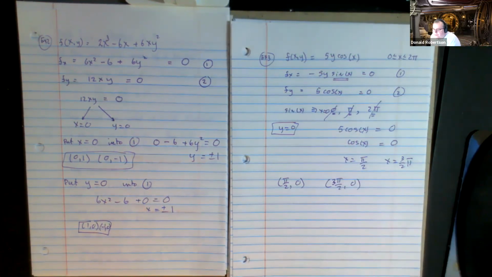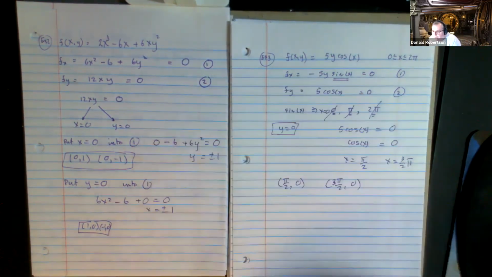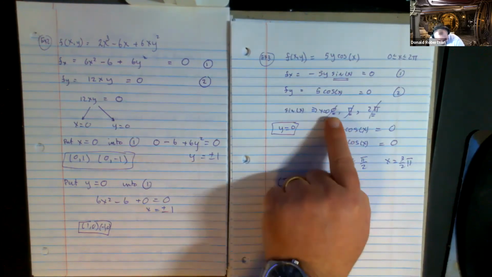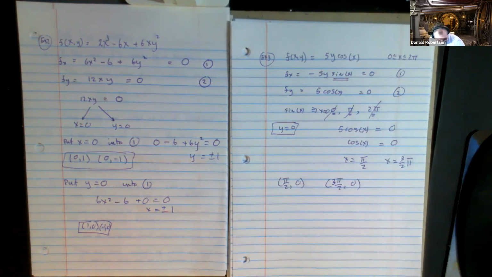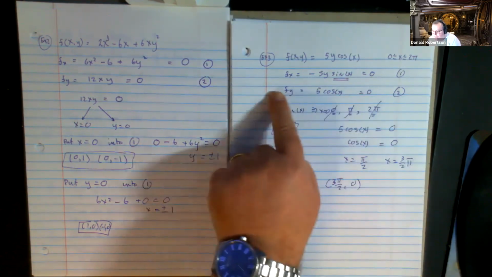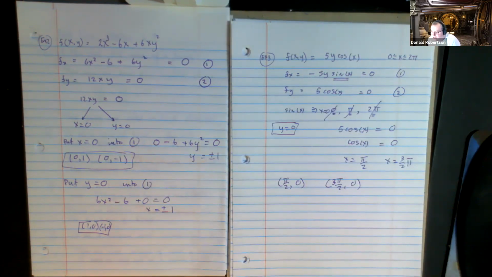There we go, 3 pi upon 2. And this one. There isn't any other combinations. These three were candidates, but they get killed on equation 2, right? They didn't work on the second equation, so we threw them out. So you might have 10 candidates, but you might only have 2 that succeed, right? And those would be the two critical numbers.